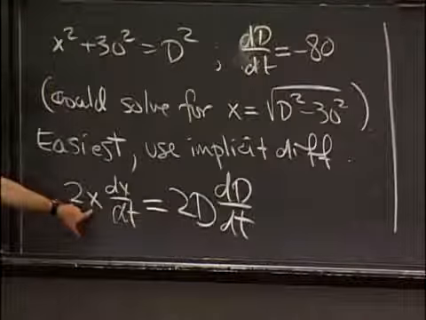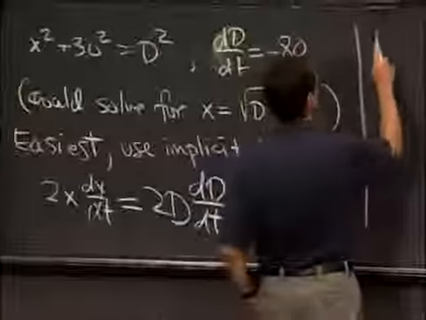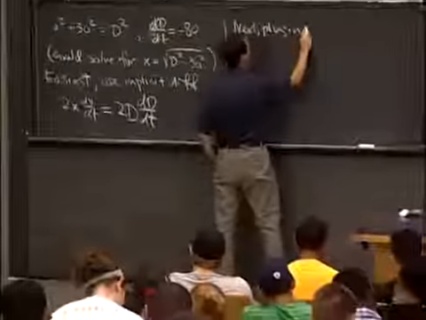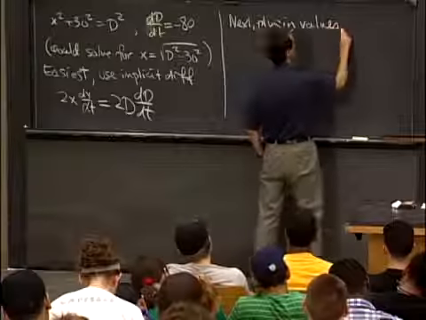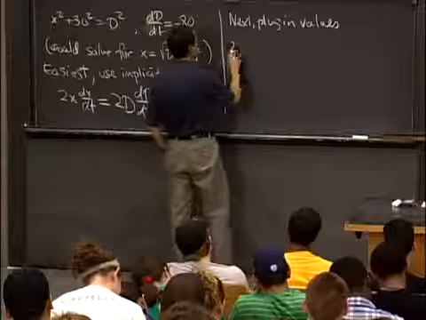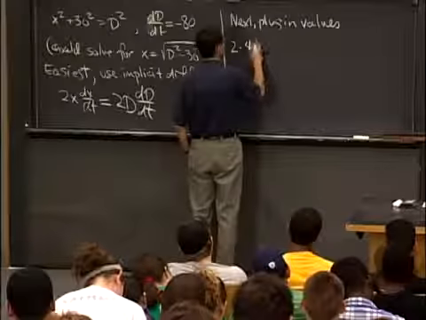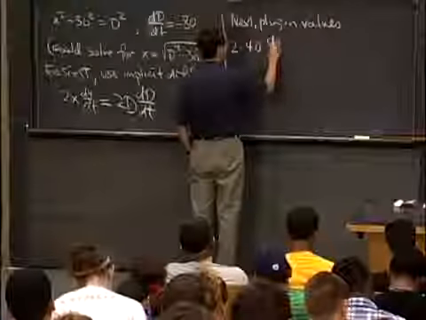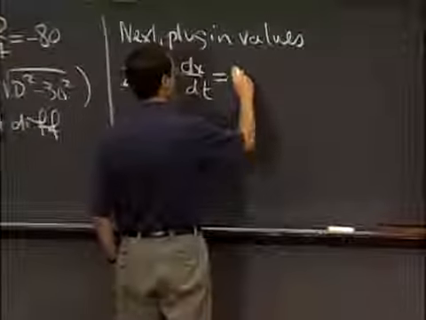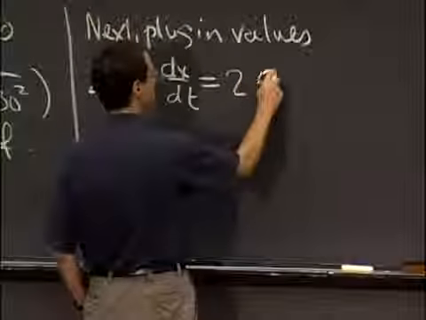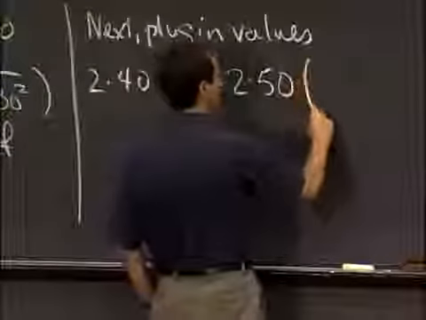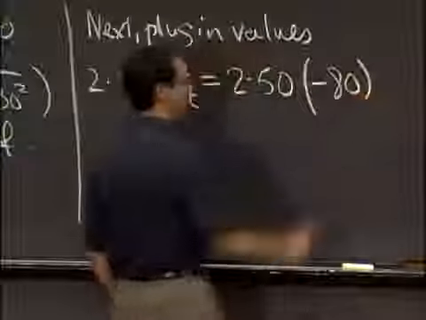Now I can plug in values, after taking the derivative. We have 2 times the value for x, which is 40 at this instant, times dx/dt, and that's equal to 2 times d, which is 50, times dd/dt, which is minus 80.